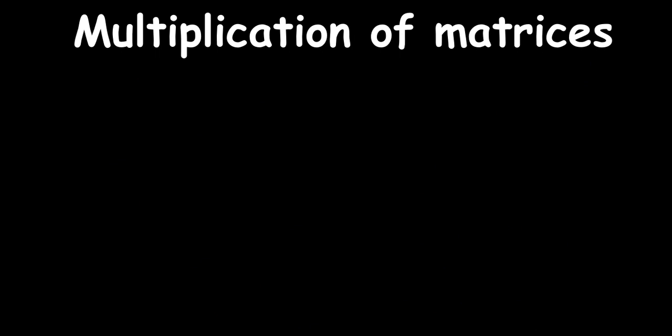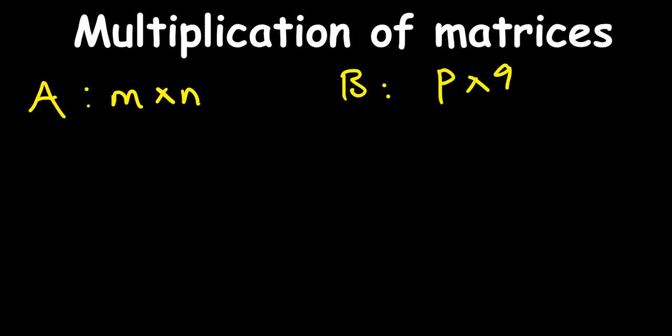So the multiplication. Let's say I have matrix A that has order m by n, and then I have another matrix B that has order maybe P multiplied by Q. These two matrices, you can only multiply them if n is equal to P. So if this number here is equal to P there, then you can multiply your matrices.